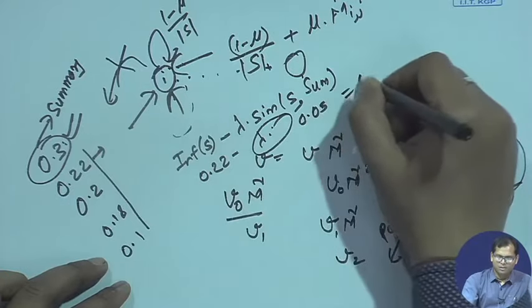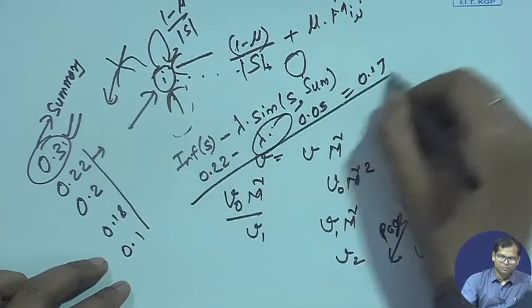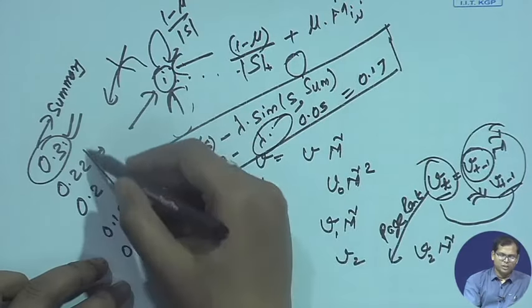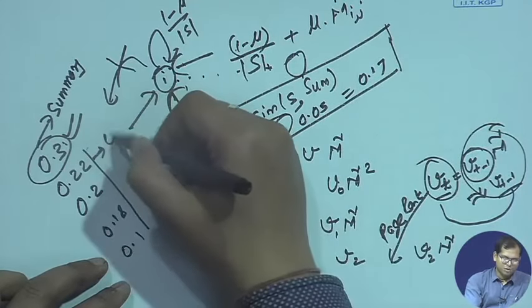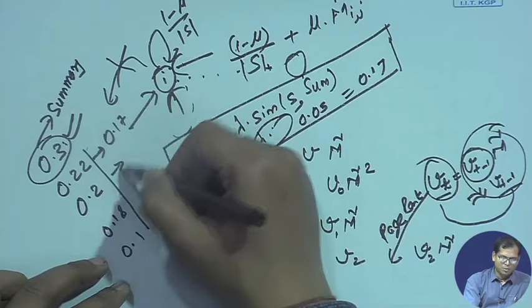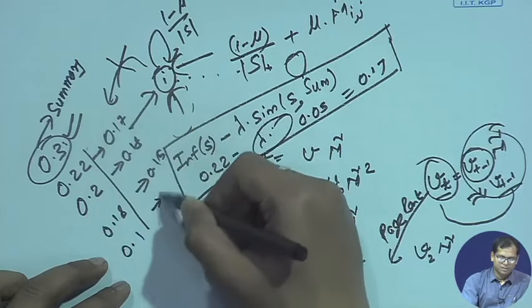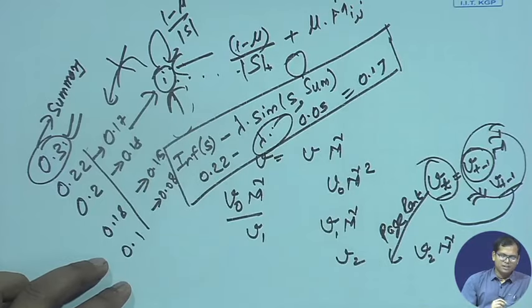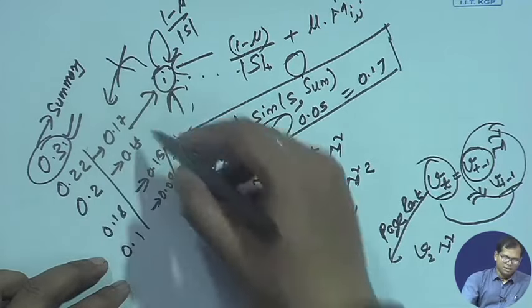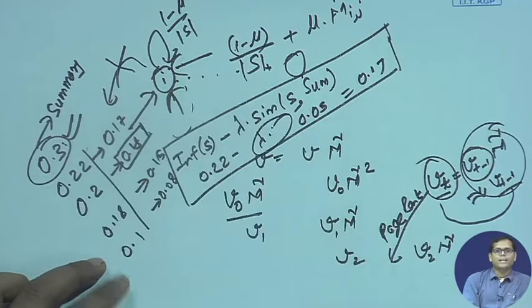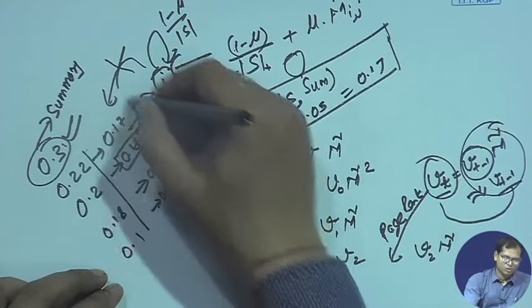So this becomes 0.17. You will do that for all the sentences. Suppose it comes out to be 0.17, this comes out to be 0.18, this comes out to be 0.15, this is 0.08. So then you will again sort them and take the one with the highest value as per MMR, and this goes to your summary.